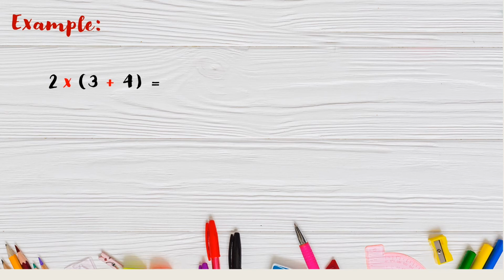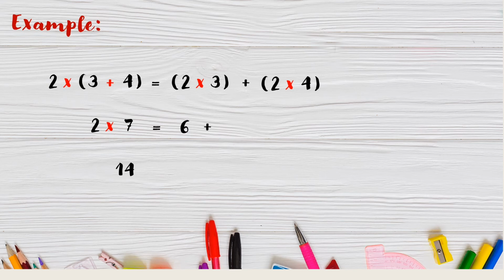So we will distribute 2 times 3, then 2 times 4. Okay, so let's first solve what's inside the parentheses. 3 plus 4 equals 7 times 2. 2 times 7 equals 14. On the other side, we have 2 times 3 equals 6 plus 2 times 4 equals 8. 6 plus 8 is equal to 14.